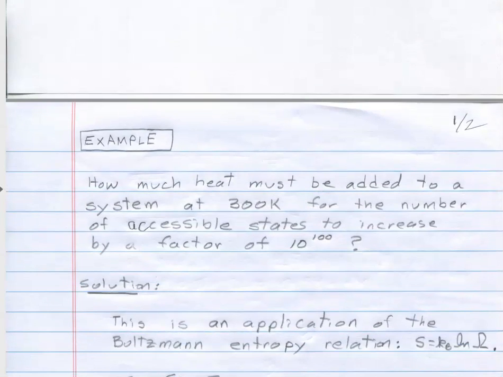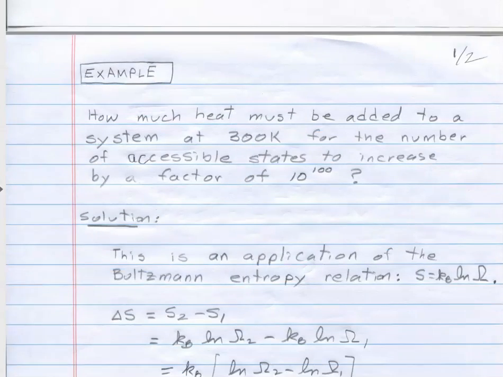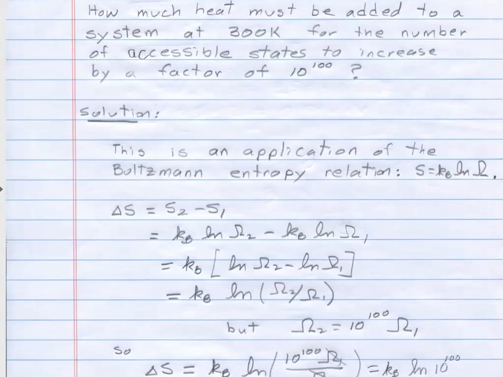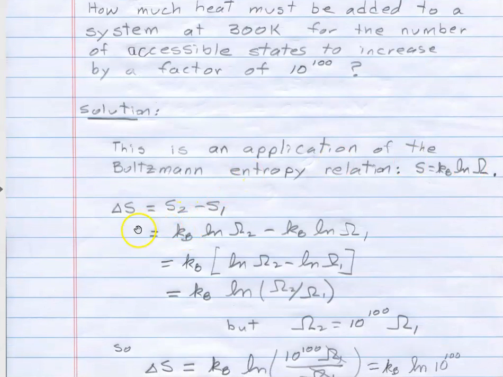You just have to realize that this is a direct application of the Boltzmann entropy relation, which we just got through talking about. And that's the entropy is equal to K sub B, the Boltzmann constant, times the natural log of the accessible states. And I would write it probably as delta S, how much entropy is increased by this additional heat that's added into the system.